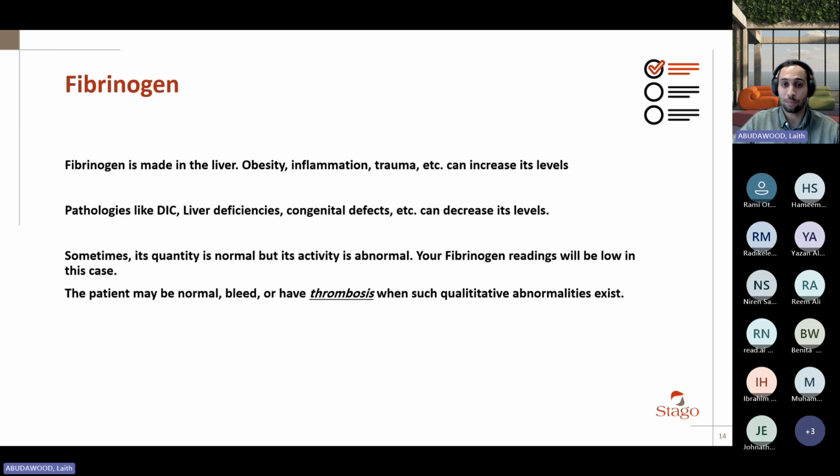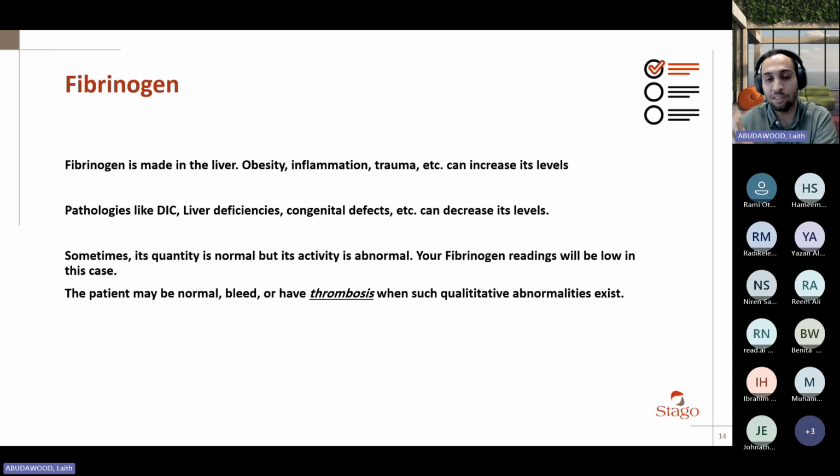However, sometimes the quantity of fibrinogen can be normal, but fibrinogen itself may have a mutation. The structure of fibrinogen is damaged, for example. We say that quantity is normal, but the activity is abnormal. Its function is abnormal. Now, if the function of fibrinogen is abnormal, you will still get low readings.